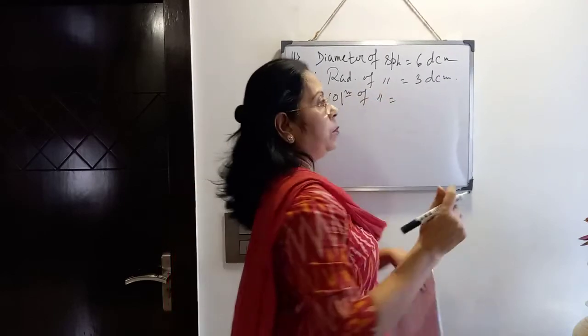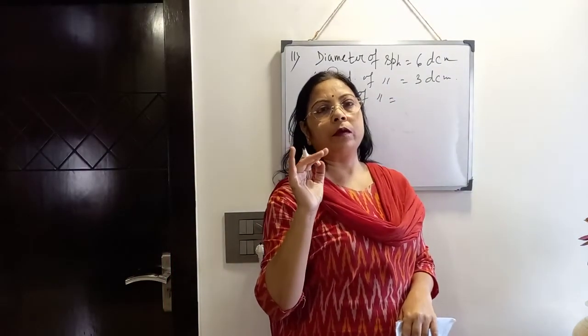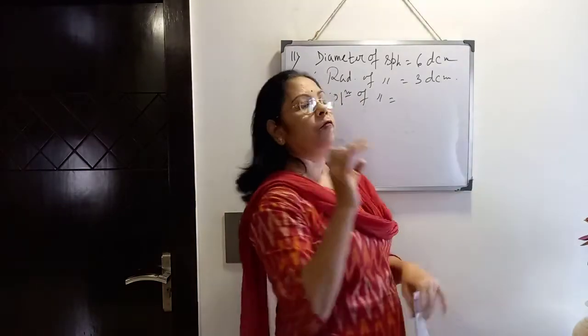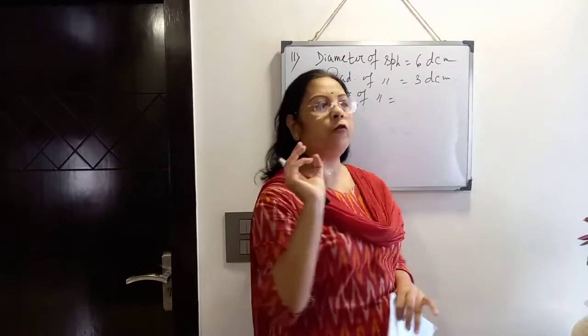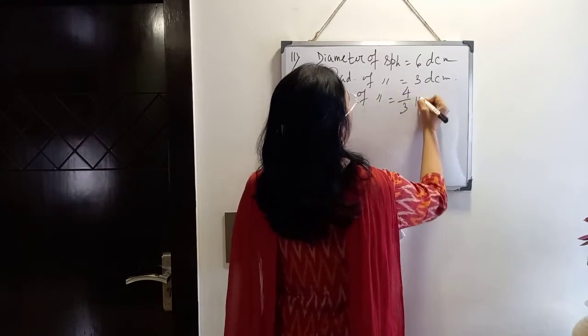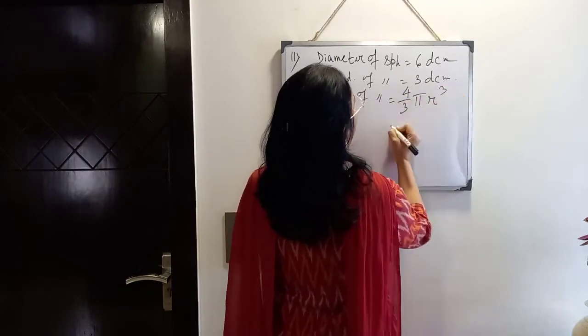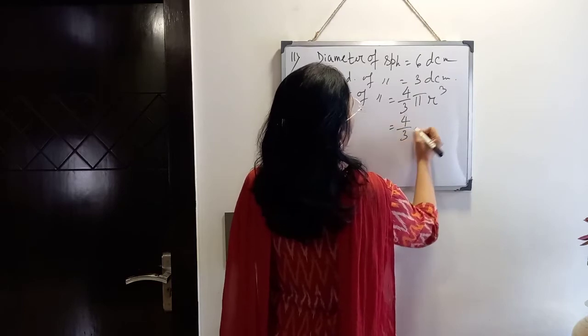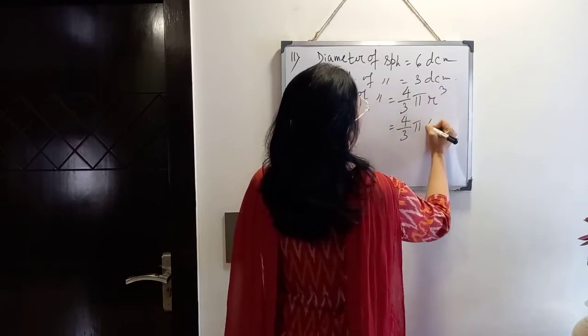First, I am telling all of you, please notice it. First, you will write down the formula, then you will put the values in all the sums. 4 by 3 pi r cube. Then you will put the value of r.